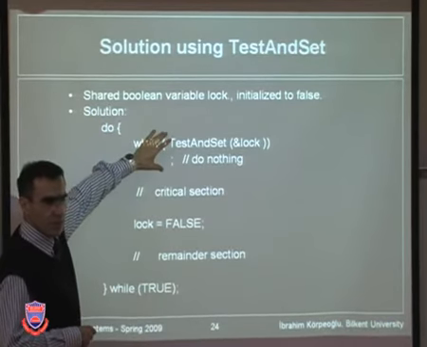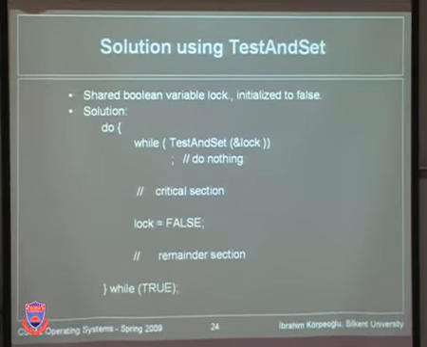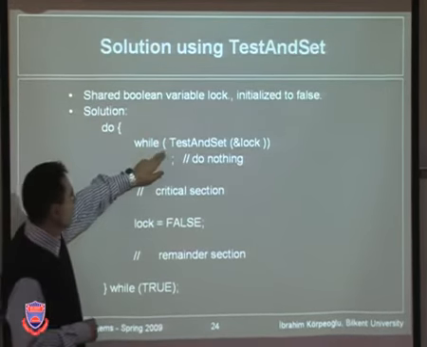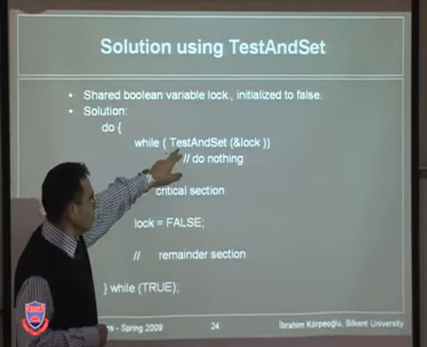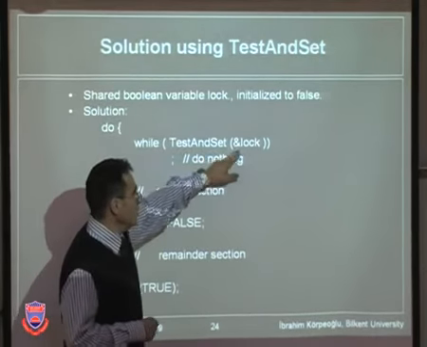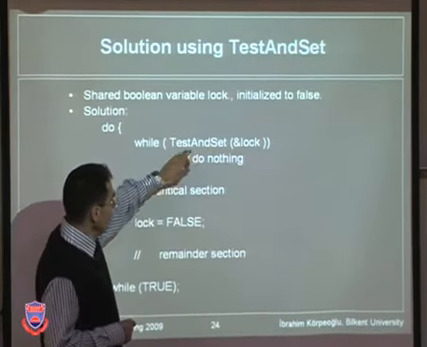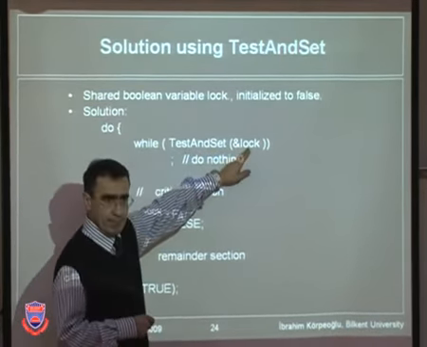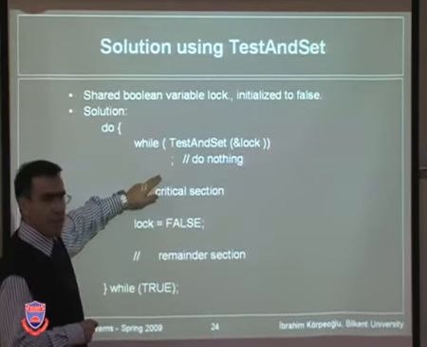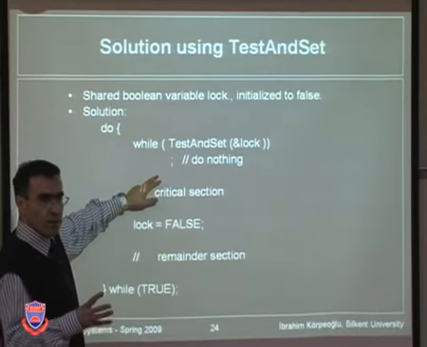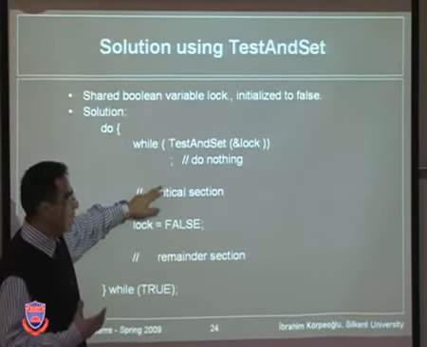What is it doing? It is a while statement, just calling this machine instruction test and set with the lock memory variable. So what is the effect? It looks at the value of the lock. If it is 0, it breaks out of the loop. That means the lock is not set. You can get the lock and enter the critical section.